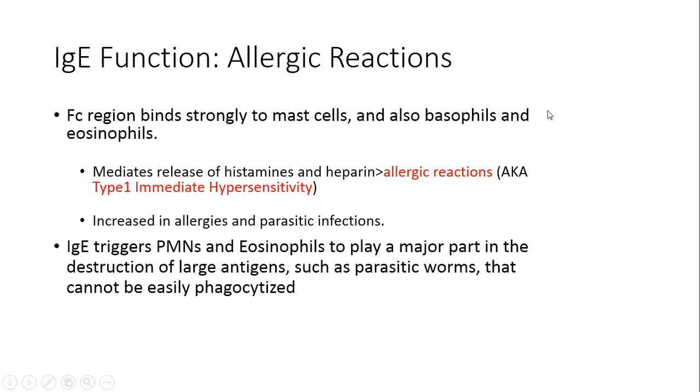I'll explain it now. I don't think you need to know it now, but if we imagine that we have the Y of the IgE molecule, we bind the two antigen binding sites of IgE to a couple of different epitopes on a pathogen, and once it does, that cross-linking that happens results in release of all sorts of mediators, helpers.